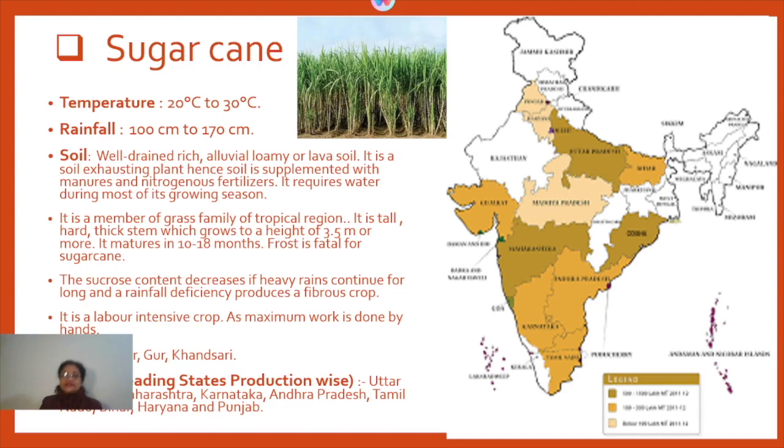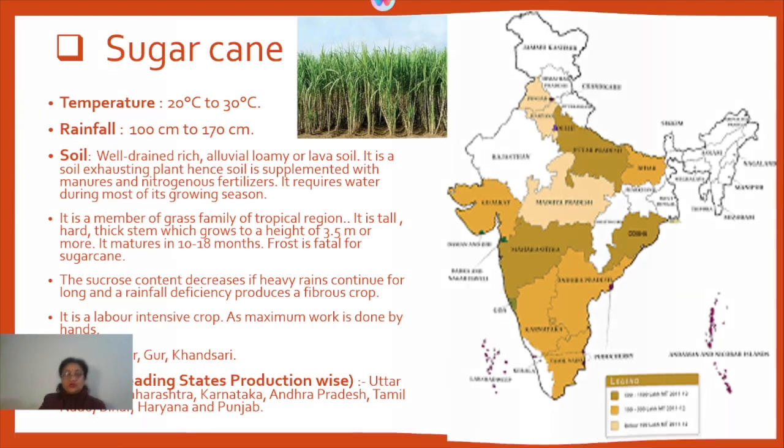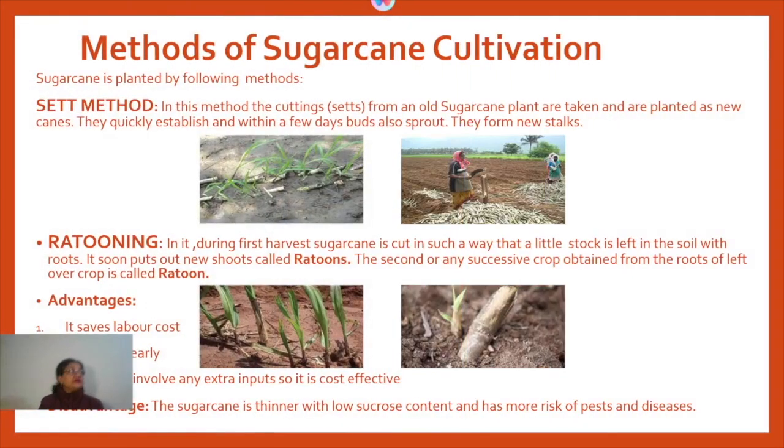Now, the next thing we need to discuss is the various methods of sugarcane cultivation, that is, the various methods of sowing. How the sugarcane is planted is a very important part of it.